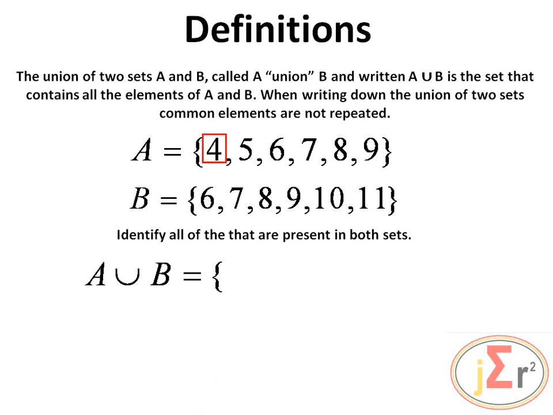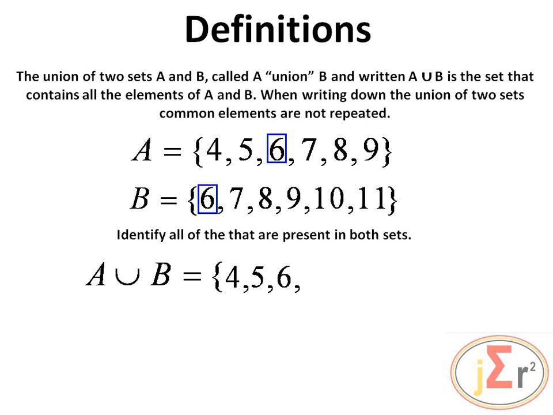So 4 is present, 5 is present. Now notice that although 4 and 5 are not present in both sets, they are included. This is because we are taking note of every single element that is present in both sets.